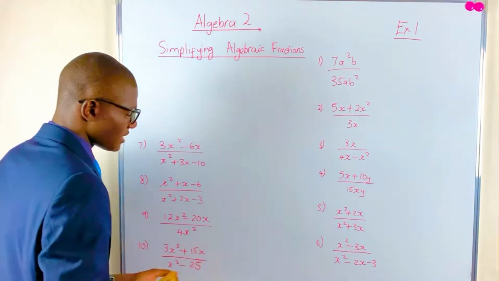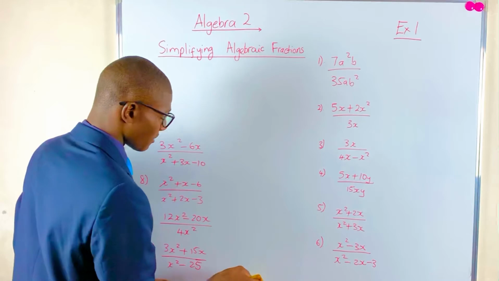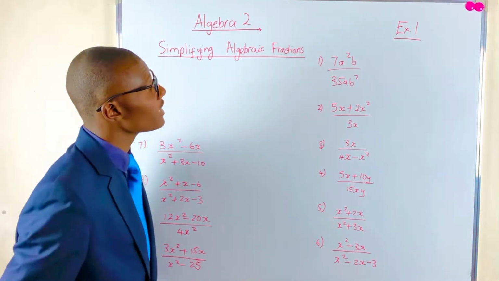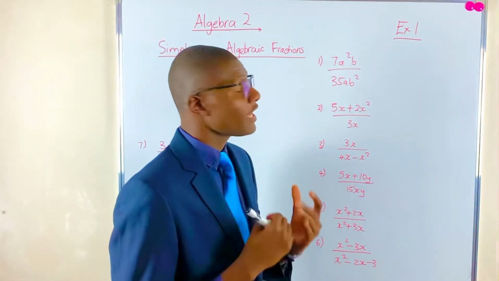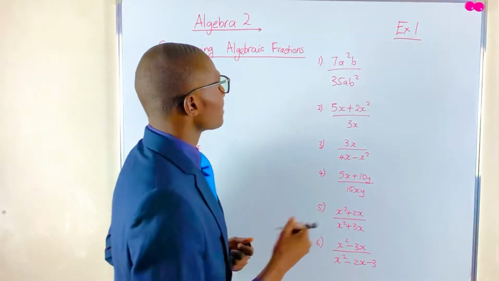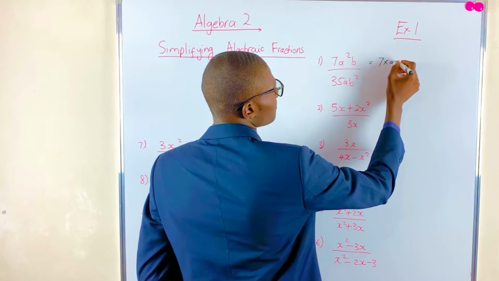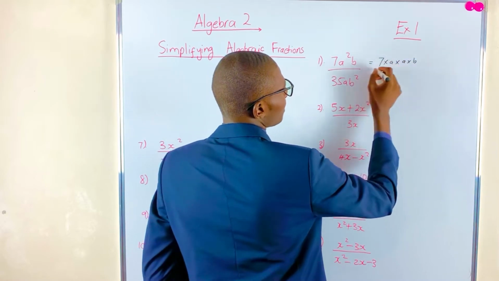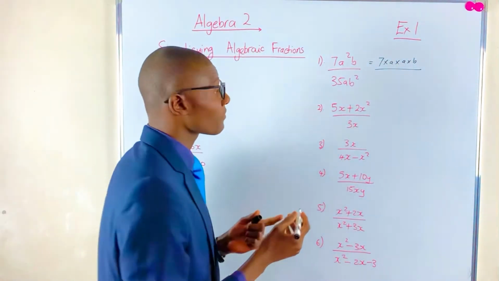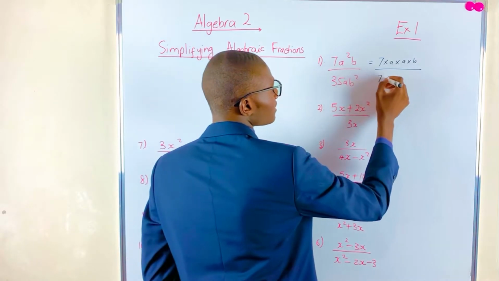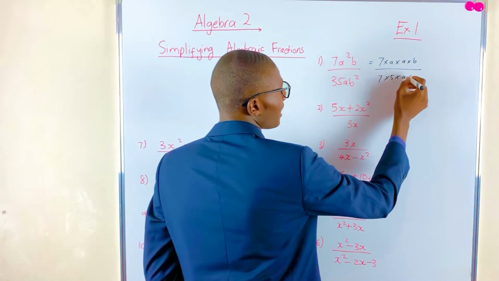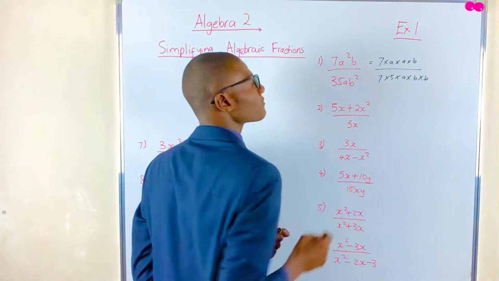Okay, so now let's start. Starting off with number one, it says 7a squared b over 35ab squared. We can rewrite this as 7a squared b being 7 times a times a times b, over 35 being 7 times 5 times a times b squared.